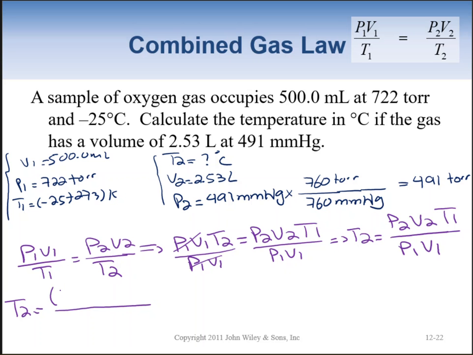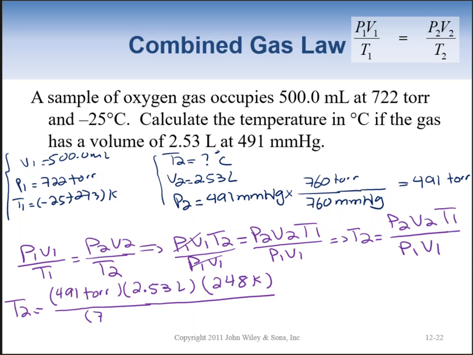Now P2 is 491 torr. V2 is 2.53 liters. And T1 is 248 Kelvin.